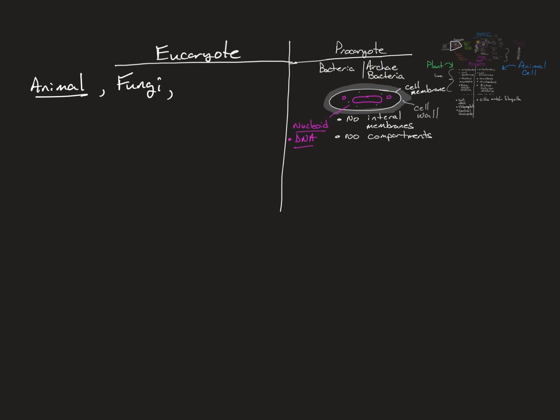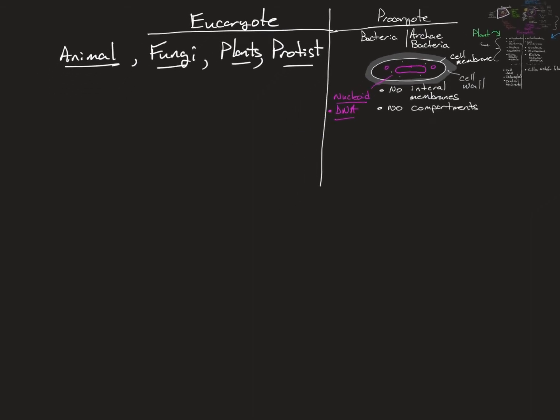And then, of course, you have plants, and you have these things called protists. Now, that thing that you saw swimming around in the pond water on Friday, that was a protist. Protists are interesting.